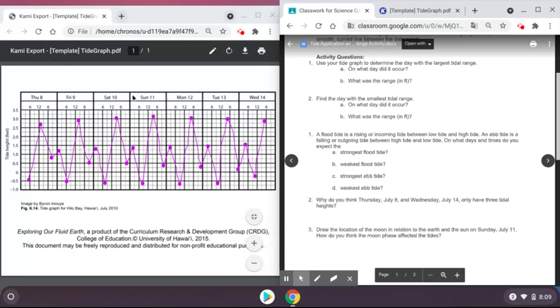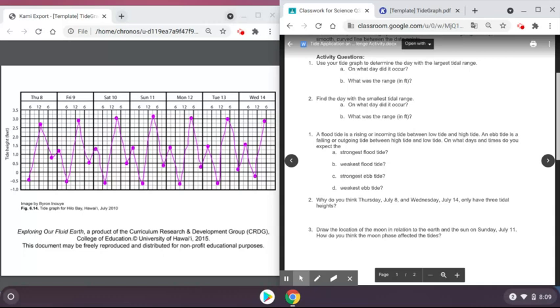And if you look at your data, it says that Sunday the 11th is a new moon. And if you remember, our new moon is when we have the sun, the moon, and the earth all in a straight line. We also added some information to that when we started talking about tides on Monday.